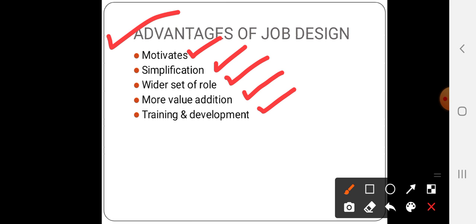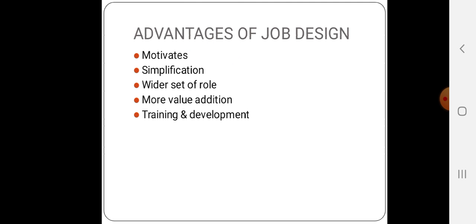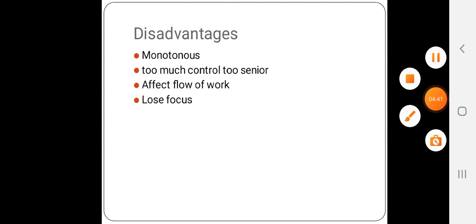So these are the advantages: it motivates employees, simplifies aspects of a job, creates wider roles so employees can understand what role is more suited for them, adds value and helps decision making, and ensures employees are getting proper training.